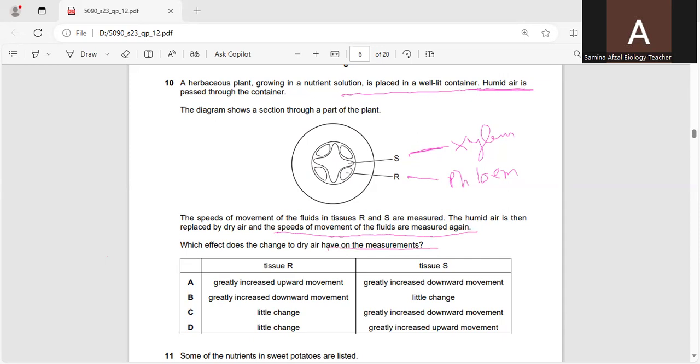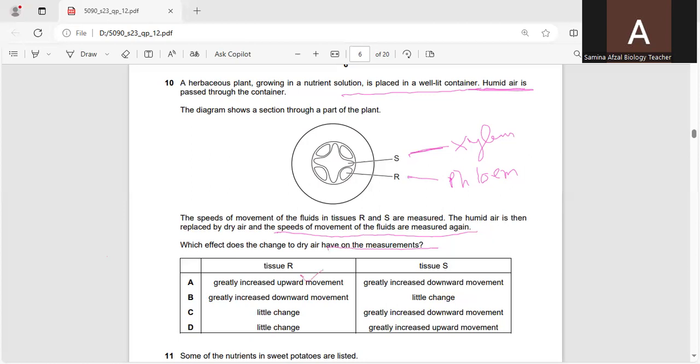First of all, xylem will conduct the water. Phloem will transport the manufactured food. So here we are going with these statements. First, greatly increased upward movement. When there is dry air, greatly increased upward movement, so it can happen.